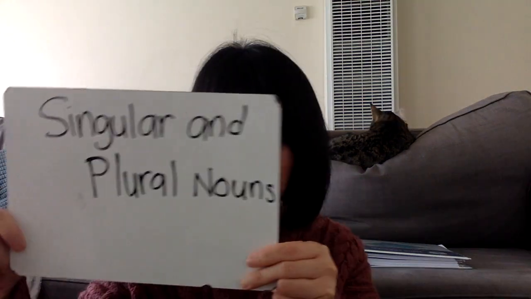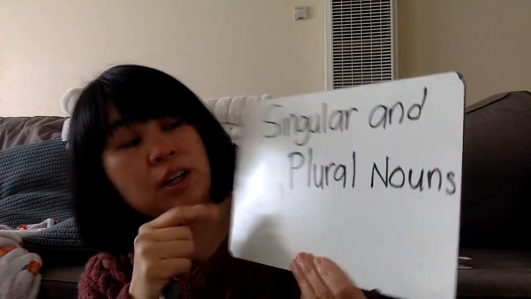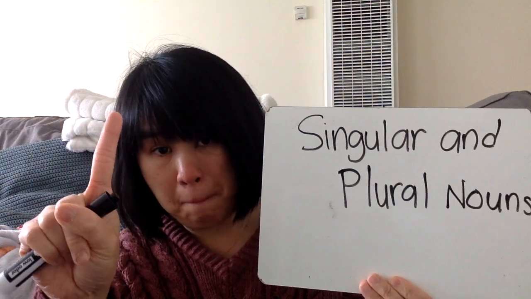It is Miss Chen, and today for TIG, I'm going to teach you about singular nouns and plural nouns. Ta-da! Say singular is one. So if I was talking about this eraser, I only have one, so it's singular.